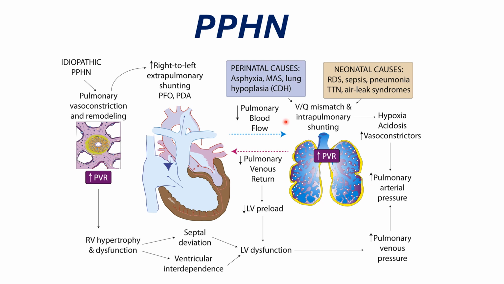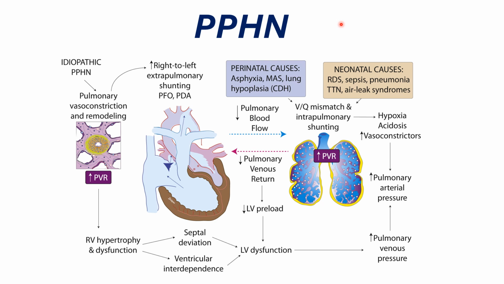The decreased blood flow in the pulmonary circulation and decreased pulmonary venous return will affect the preload in the left ventricle, and will further result in left ventricular dysfunction. So as you can see, there are different causes of PPHN.